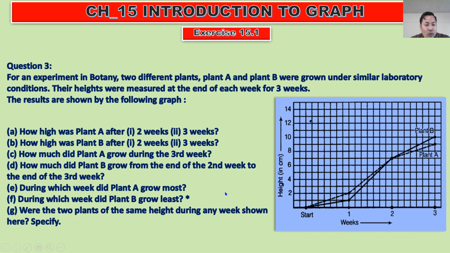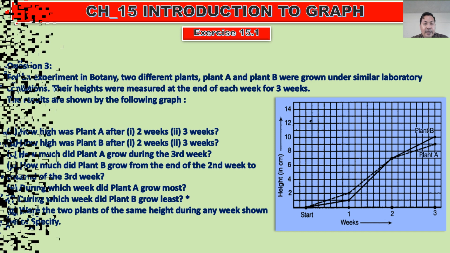Then, were the two plants of the same height during any week? We have to find out if there is any time that plants A and B have the same height. We can find that from this graph very easily. So we'll begin to give the solution here. The solution will come next.